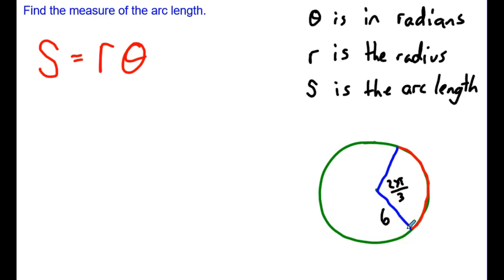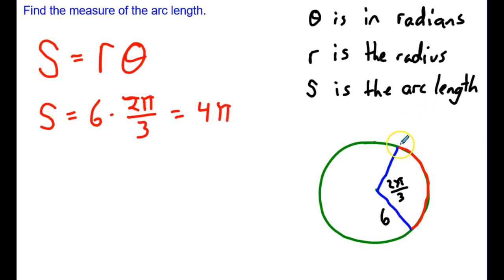Now we just have to fill in the information we know. S is going to be equal to our radius, which is 6, times 2 pi over 3. If we simplify, 6 divided by 3 is 2. 2 times 2 is 4 pi. So that means the distance of this arc length would be 4 pi units.